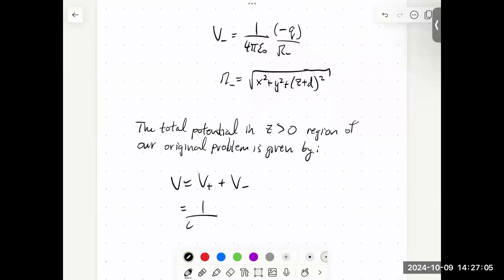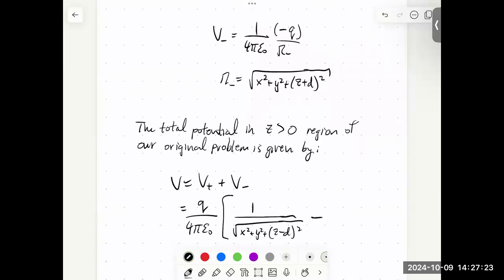There's going to be a 1 over 4 pi epsilon naught, and a q for both of them. For the positive one, we get 1 over the square root of x squared plus y squared plus (z minus d) squared.